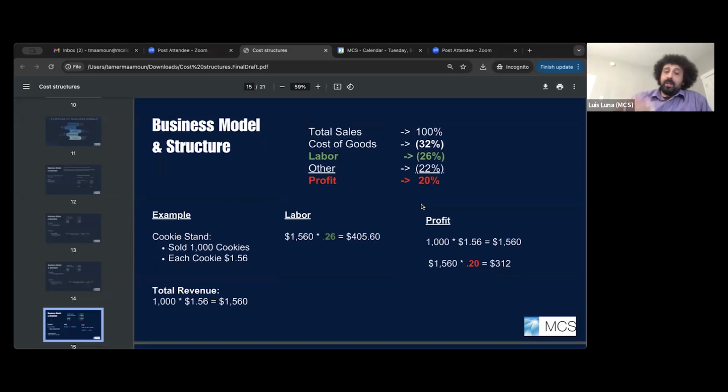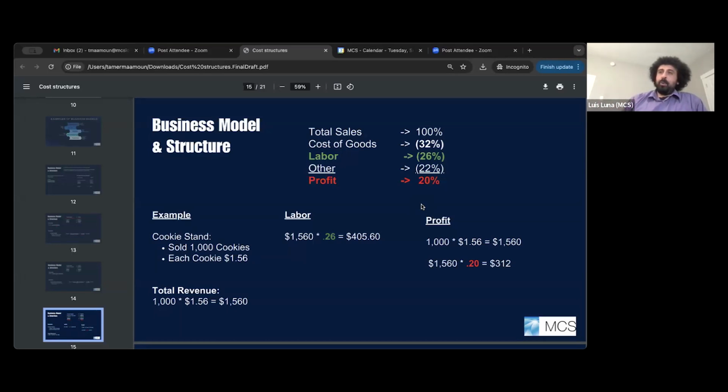Say you were to sell 1,000 cookies, each at that price point that we had discussed earlier, keeping your cost of goods at 32%. Then your total revenue would be 1,560 for that day or whatever period. And your budget to pay out based on your labor costs would be $405.60. So if you have one employee, or if it's just you, then that's for you.